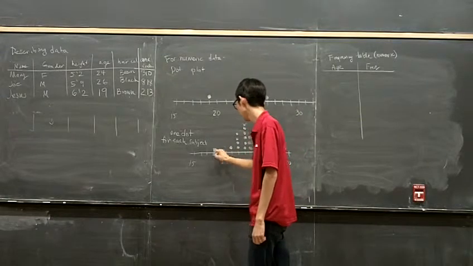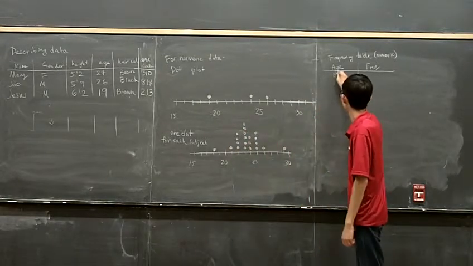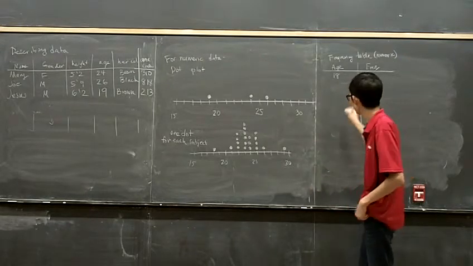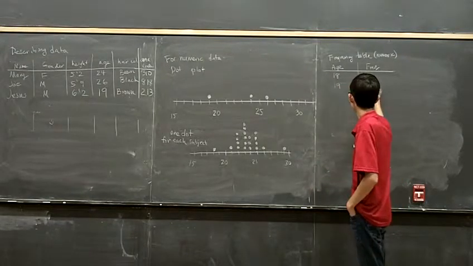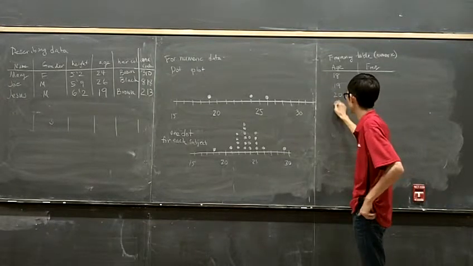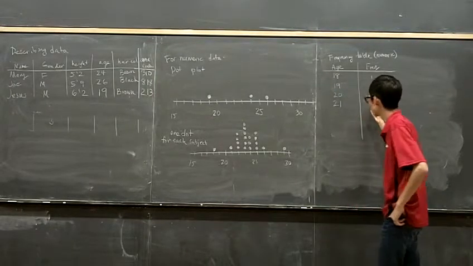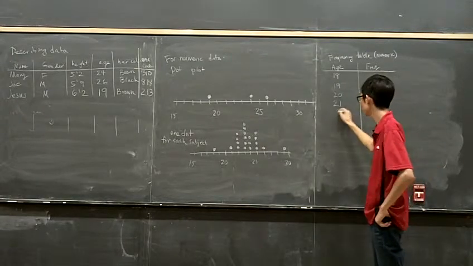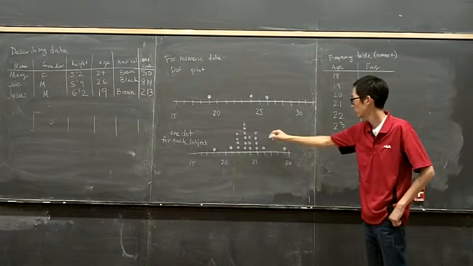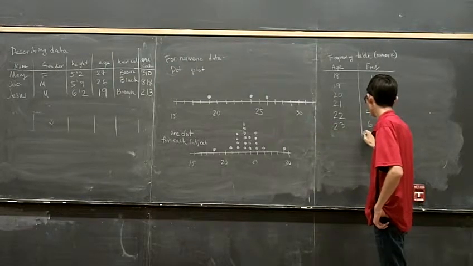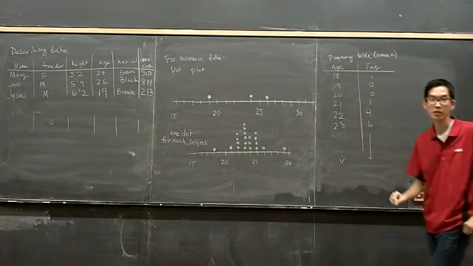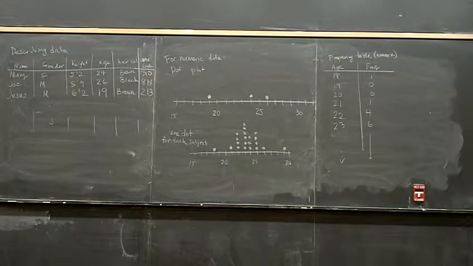So I have one person who's 18 and my frequency is 1. And some people might ask, well, should I put 19 and 0 and 20 and 0? You can, you don't have to, okay? And 21 I've got 1, and at 22 I have 4, and at 23 I have 1, 2, 3, 4, 5, 6. And you can fill out the frequency table like that.